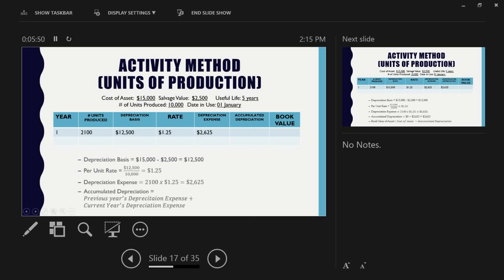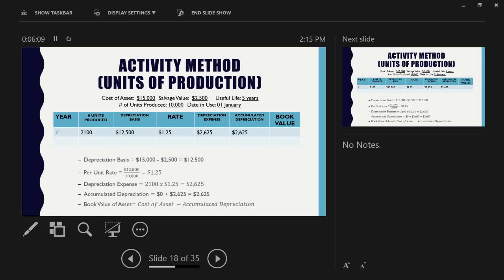No. However, we have this year's depreciation expense, which is 2625. So you're going to add 0 plus 2625, and you're going to get 2625.